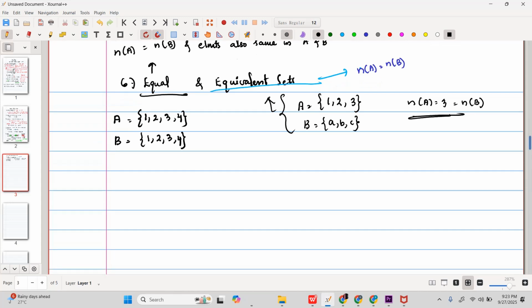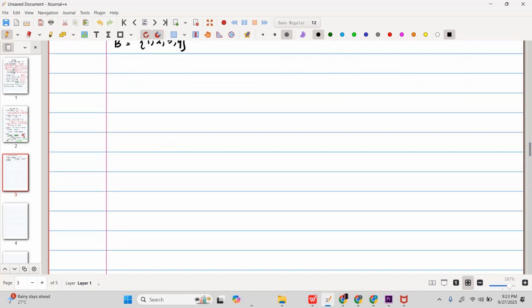Next, the last concept of different kinds of sets, which is comparable and incomparable sets.